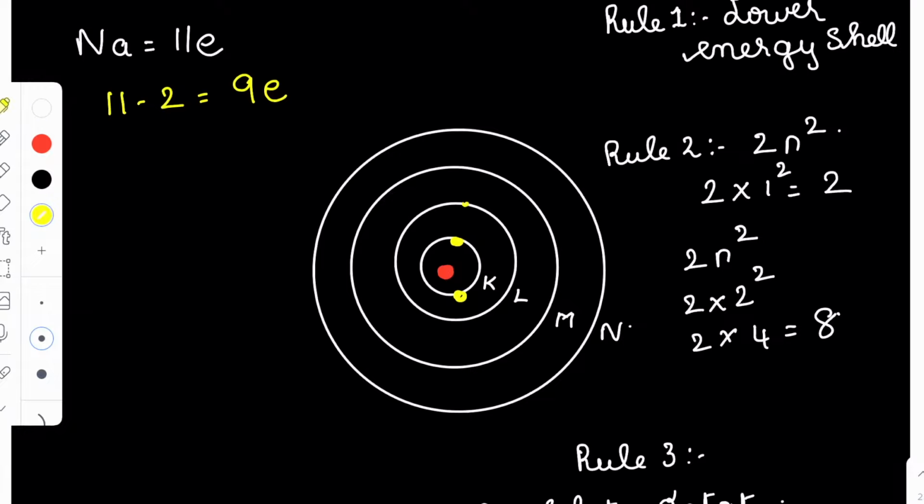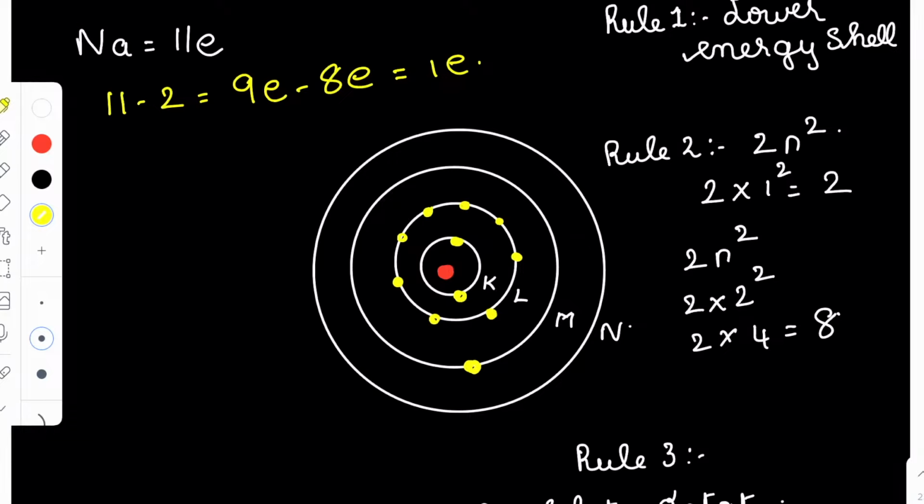So, let me go ahead and arrange 8 electrons. 1, 2, 3, 4, 5, 6, 7 and 8. So, how many electrons am I left with? I am left with only 1 electron. So, 1 electron I am going to place in the M shell.